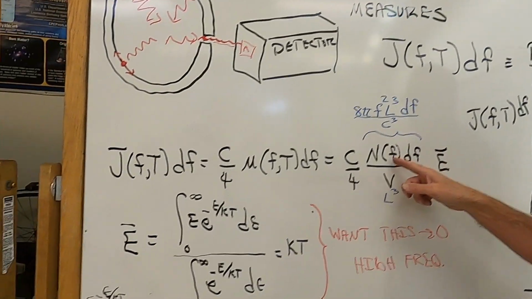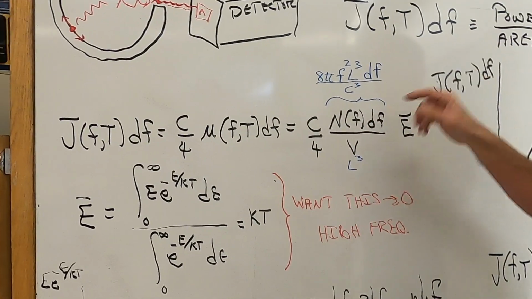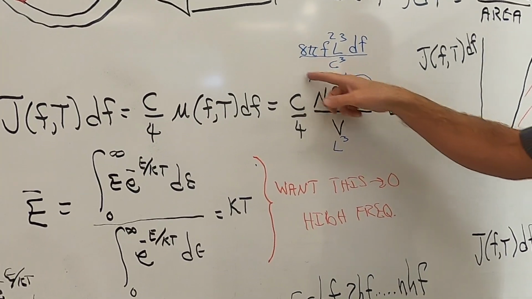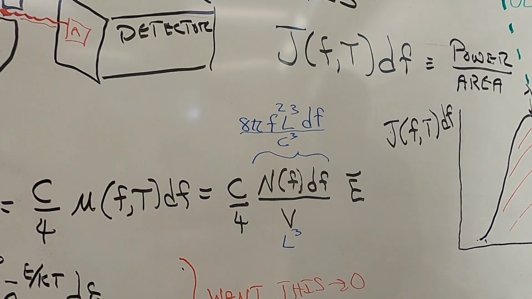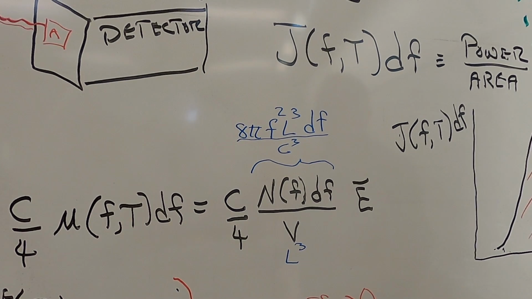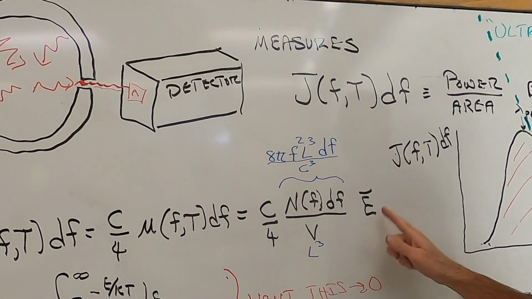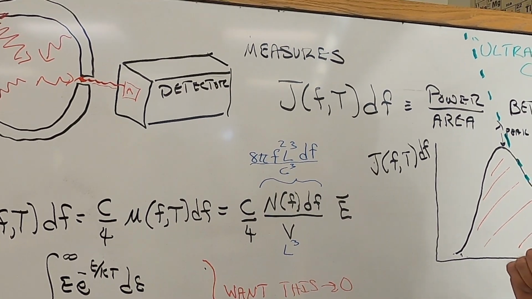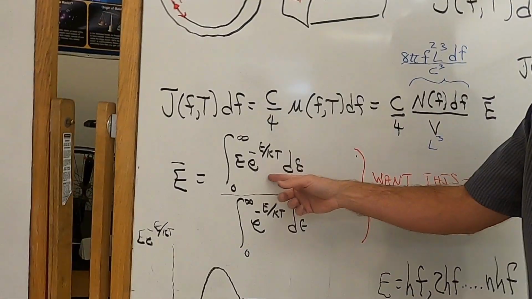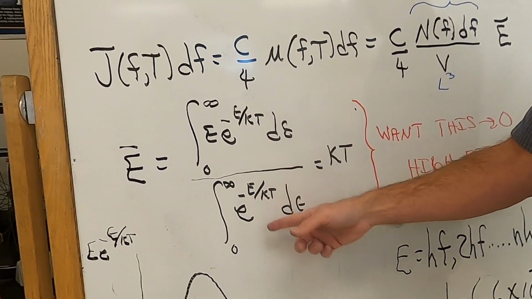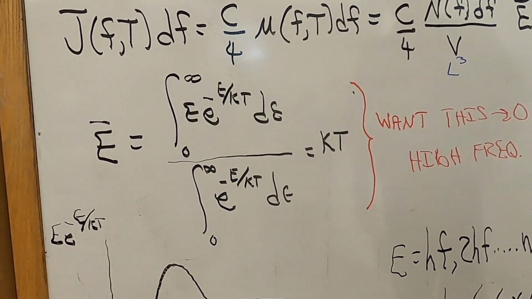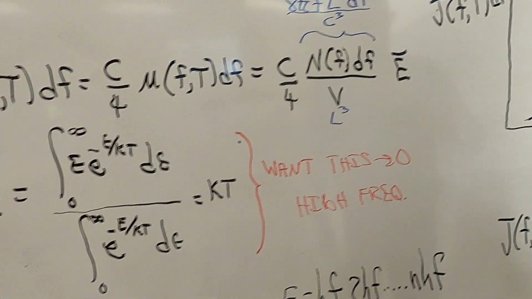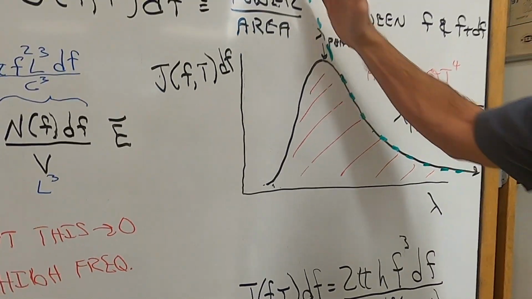This term, when we added up all the possible frequencies you could get, came out to be this. L we just made a cube, so it was just L cubed, the volume. And when we calculated the average energy, this is the way we calculated it, and it came out to be kT. When you plug kT in here and plot it out, it looks like this.